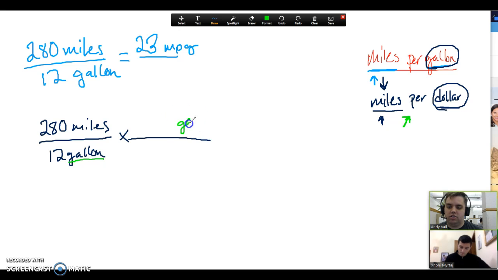So I have to put gallons up here for it to cancel out. Did that make sense? If gallons are on the bottom and I want to cancel it out, I have to put it on the opposite side. So for every 1 gallon, I just go with what's left, which is the $3.20 on the bottom.